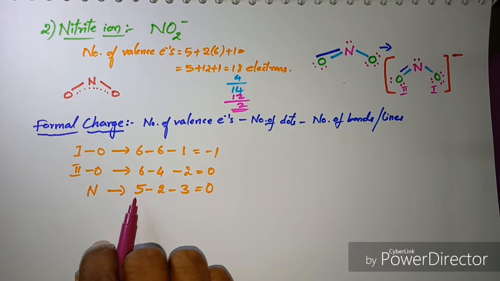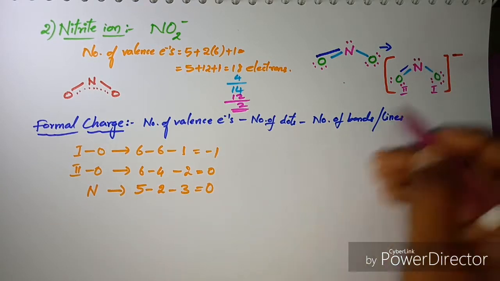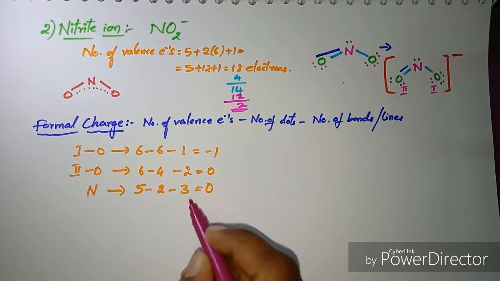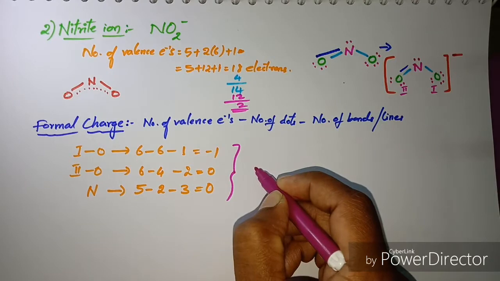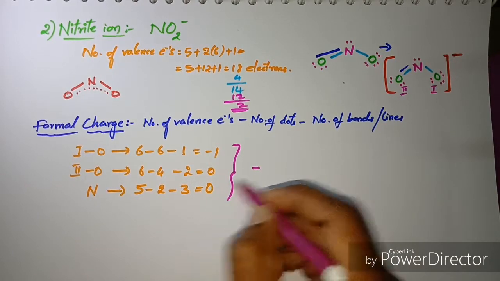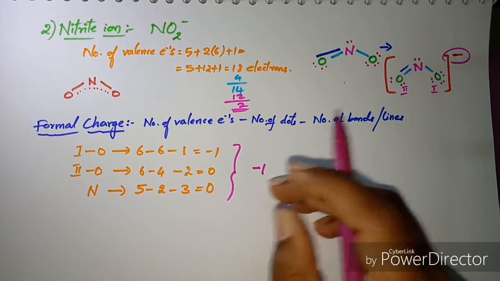Number of valence electrons are 5, number of dots are 2, and number of bonds it is surrounded by are 3. So it is equal to 0. Now the net charge will be -1, 0 and 0, that is -1. It's verified.